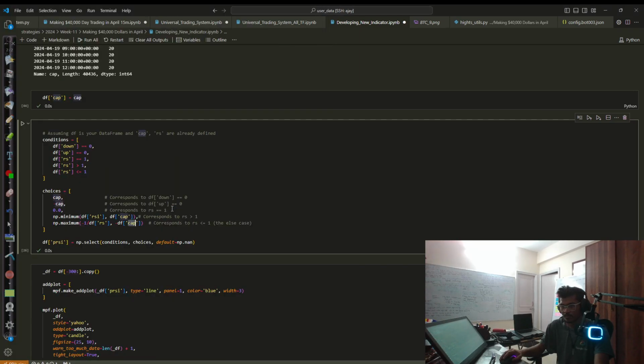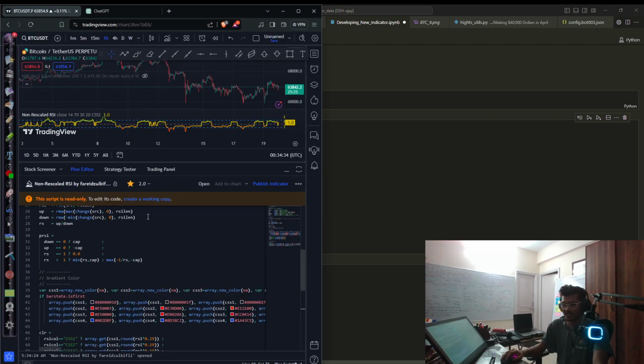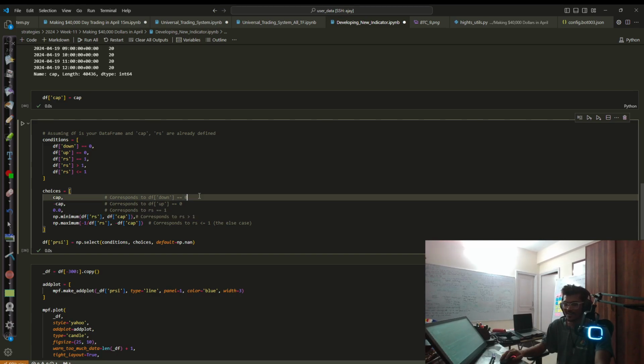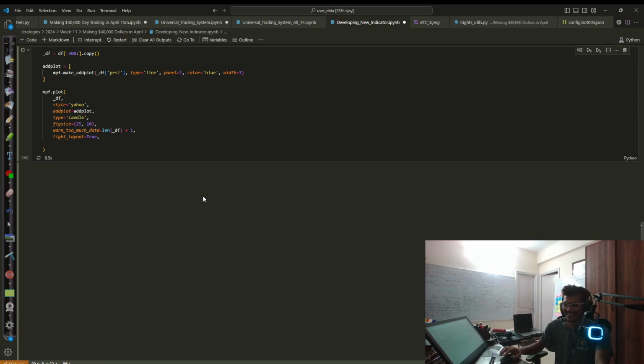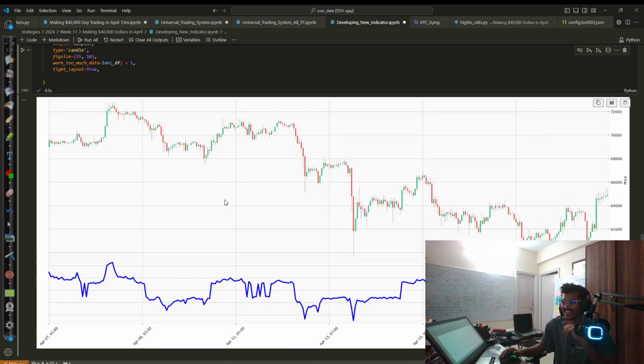So first is minimum, right? Yep. And second is maximum. Minus 1 over RS minus cap. Okay. Maximum will be this only. So it never ever goes there because RS. Ah, shit. Yeah, I made a mistake, man. It's RS. That's why it was shady. Now it's good.